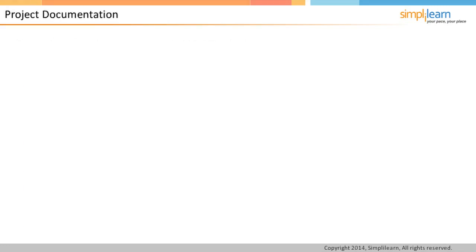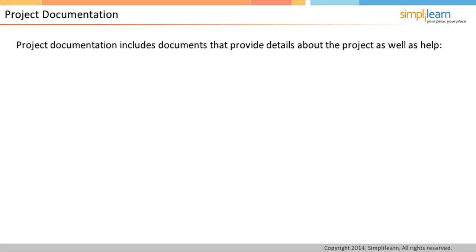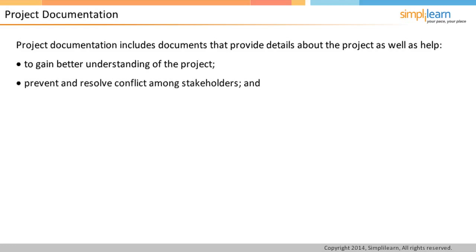Project documentation refers to creating documents to provide details about the project. Such documents are used to gain a better understanding of the project, prevent and resolve conflict among stakeholders, and share plans and status for the project. Documentation of a project is critical throughout the project.